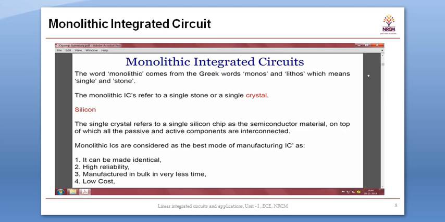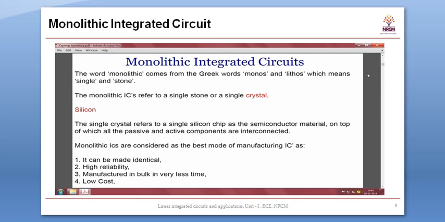Monolithic is a Greek word, and the meaning of monolithic is one stone, a single stone. In monolithic ICs, all the components are formed simultaneously by the diffusion process. Then the metallization process is used in interconnecting these components to form the desired circuit.